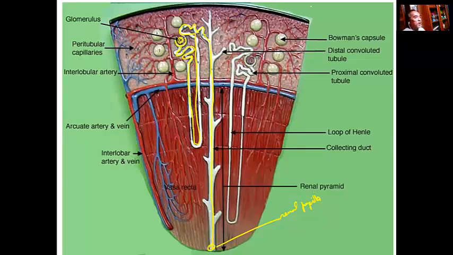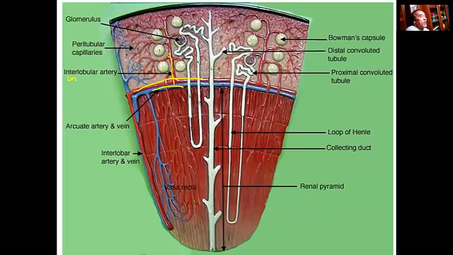Okay, so let's take a look at the blood vessels. The arcuate artery is followed by the arcuate vein. This is called the interlobular artery.